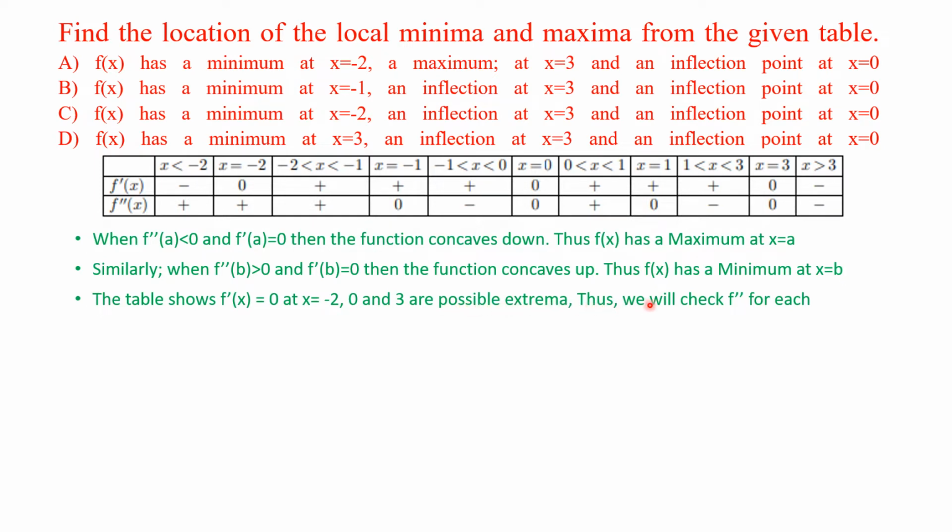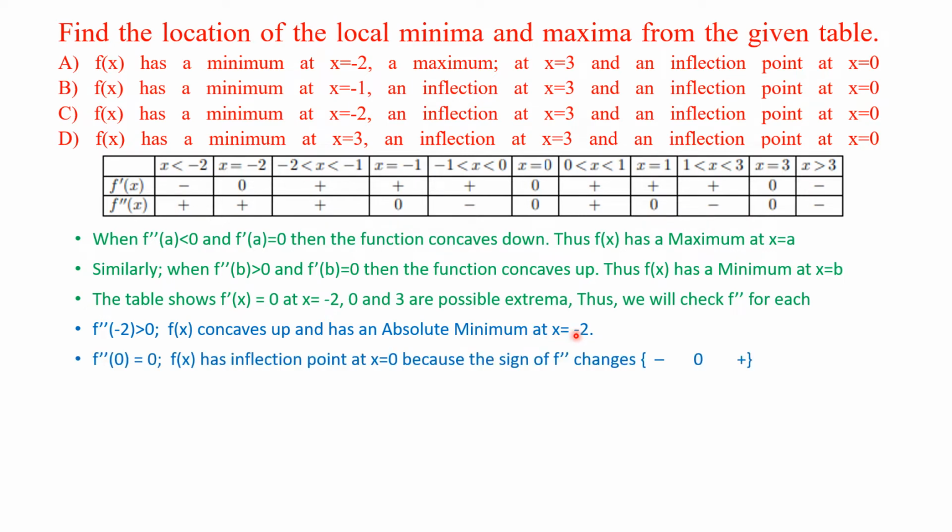Thus we will check f double prime for each of them. To start with, f double prime of negative 2 is greater than 0. So f of x is concave up and has a minimum at x equal to negative 2.